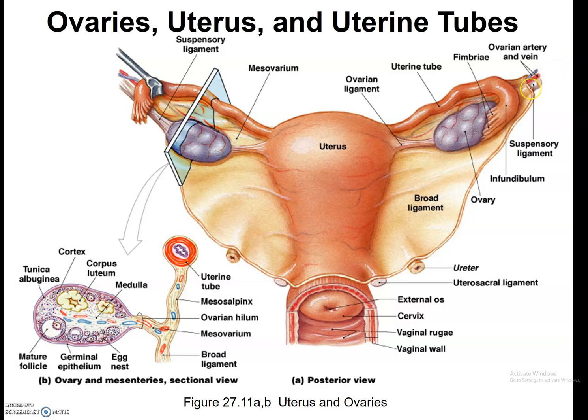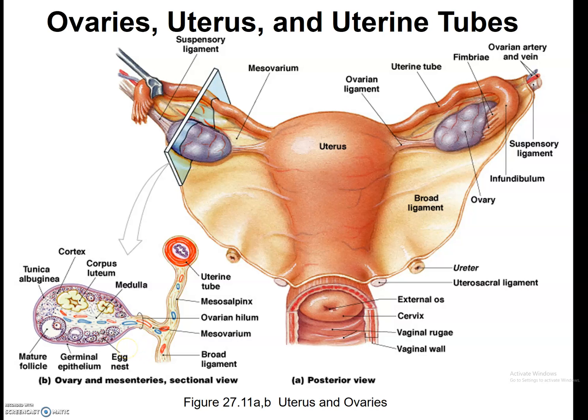And then the suspensory ligaments are also going to be helping to support the ovaries and the fimbriae and uterine tubes. So when we take a cross section through an ovary, what you're going to be seeing are a series of follicles, which we'll talk about for meiosis in a few minutes, that are going to produce ova.